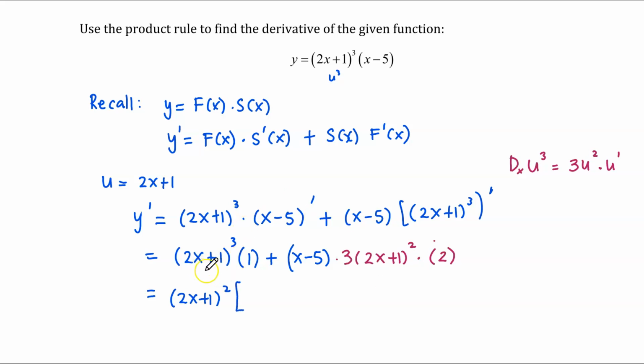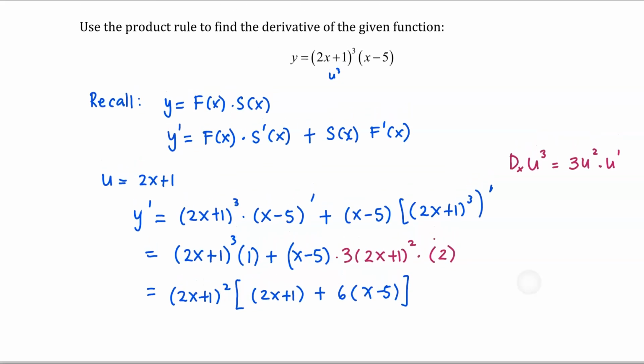Now, if you factor out (2x plus 1) squared here, you are left with 2x plus 1. Plus, here, when you factor this out, you will be left with 6. So 3 times 2 is 6 times x minus 5. And then you distribute 6 to each term in the parentheses and combine similar terms.